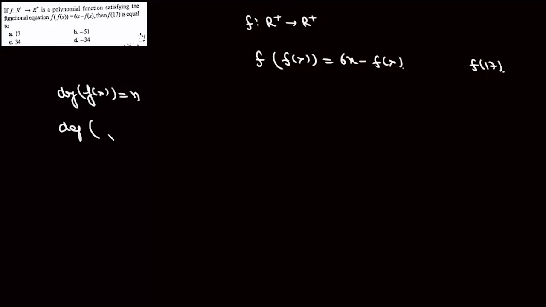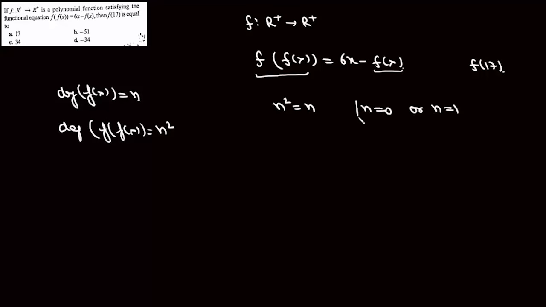Then we know that the degree of f of f(x) will be simply n square. And because this equation stands, the degree of f of f(x) must be equal to the degree of f(x). So this is true when n square equals n. So either n is 0 or n is 1.